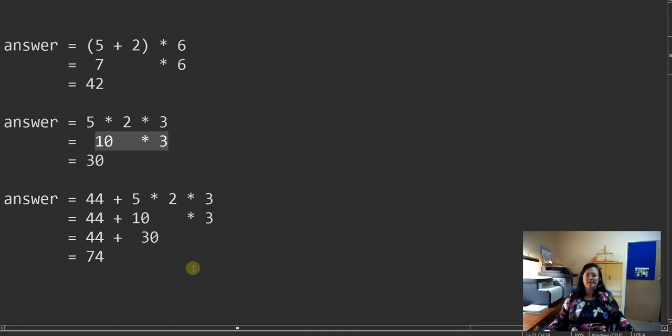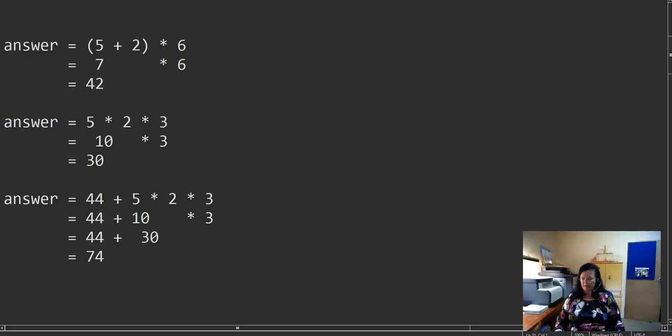If I've got a situation where I've got a more complex formula, then in this case 5 and 2 would be executed first. Remember, multiplication from left to right. I get 10. Thereafter the 10 and the 3 would be multiplied, I get 30, and now only 44 and 30 would be added together, and I get 74.